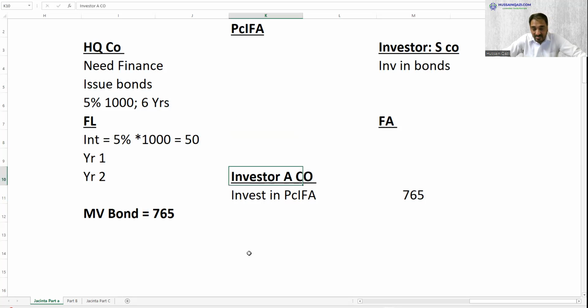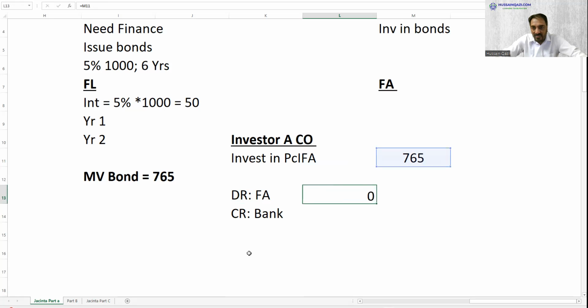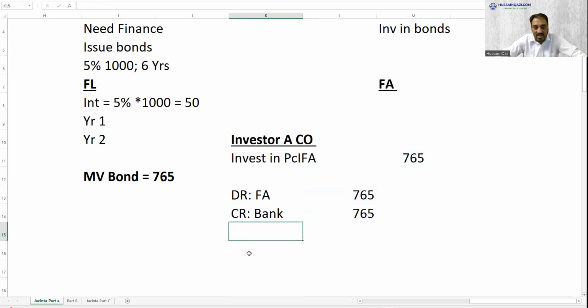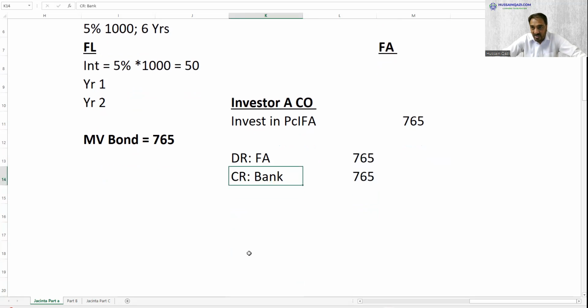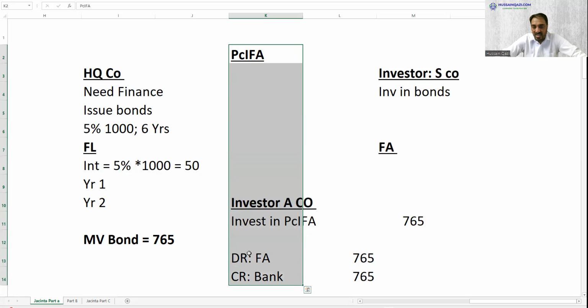But the point is that if A company invests in a purchased credit impaired financial asset with this value, then definitely debit financial asset, credit bank. The value is definitely 765, the impaired value. Here, this is the concept of a purchased credit impaired financial asset.